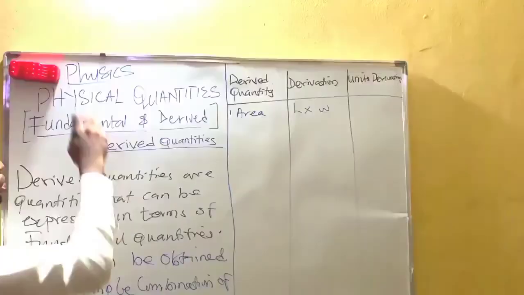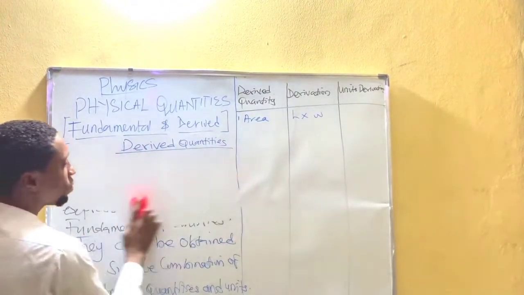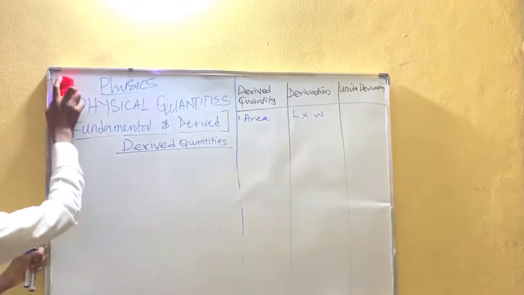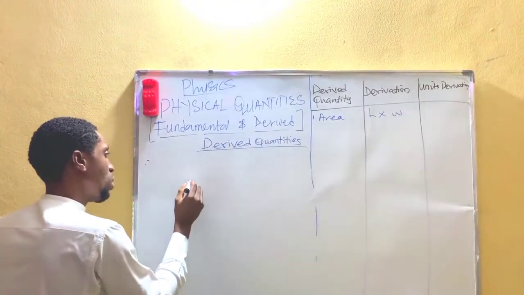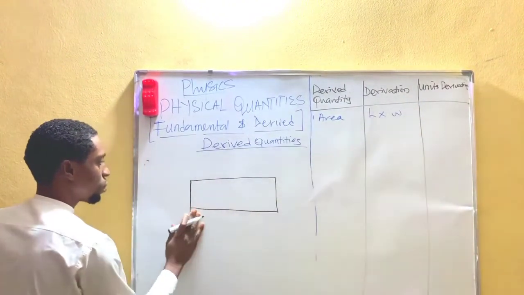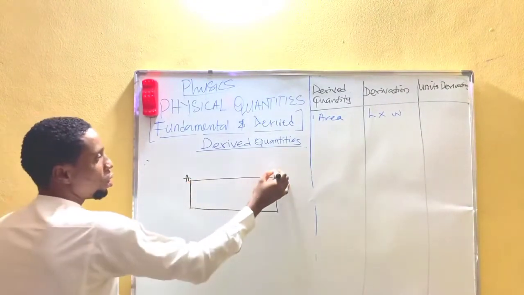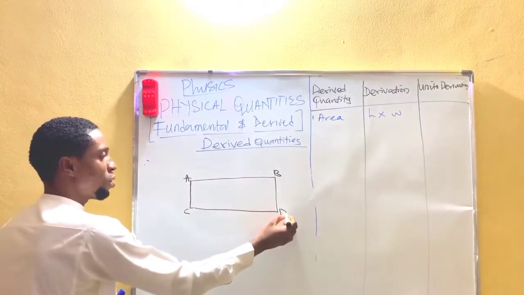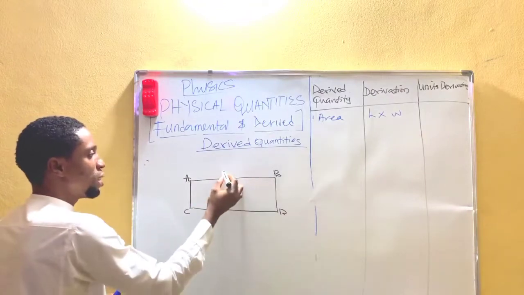For example, look up. Let us consider a rectangle surface or rectangular surface. This point is A, this point is B, this point is C, this point is D. From this A to this B is length.